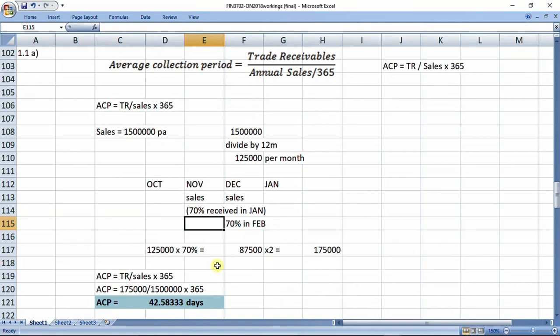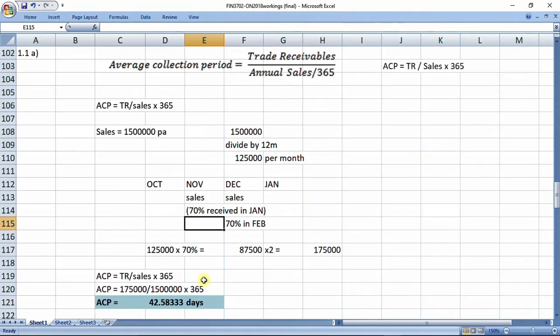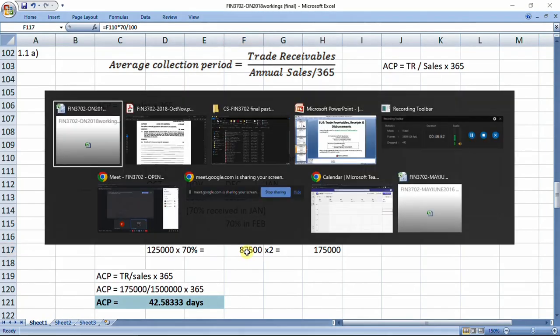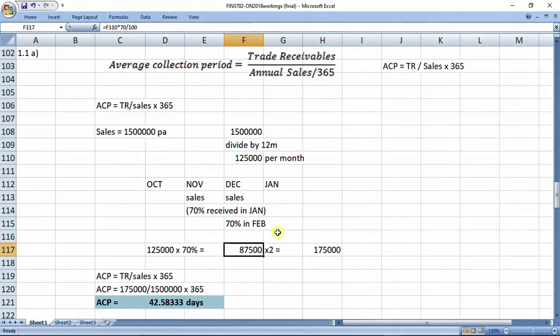So on average, if I divide that by 12 months, I'm going to get 125,000 per month. If I'm looking at what they said in the question, 30% is going to pay on the 10th day and take the discount. 70% is going to pay after 50 days after their purchases. And we can assume a 365-day year, and all the sales are on credit. So if all the sales are on credit, you have to take out any cash.